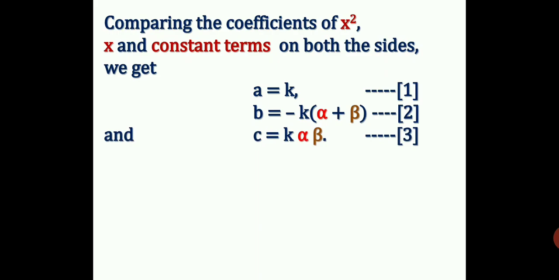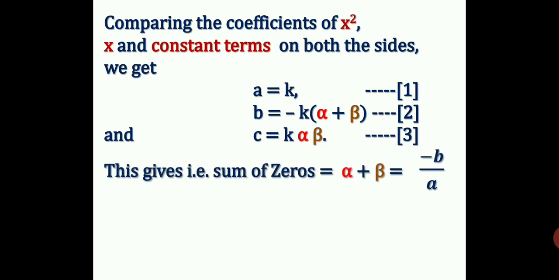Now from 1 and 2, a equals k and b equals minus k(alpha plus beta). So alpha plus beta equals what? Minus b upon k. But what is the value of k? k equals a. So alpha plus beta equals minus b by a.